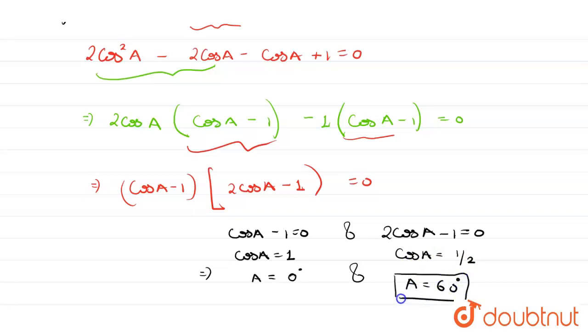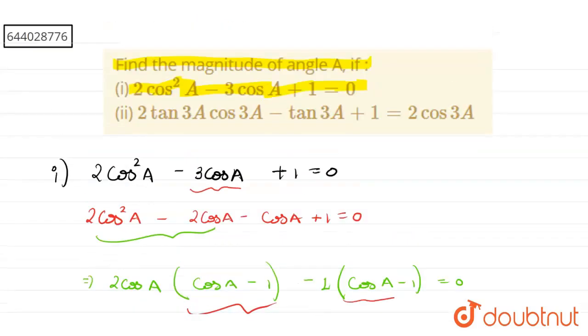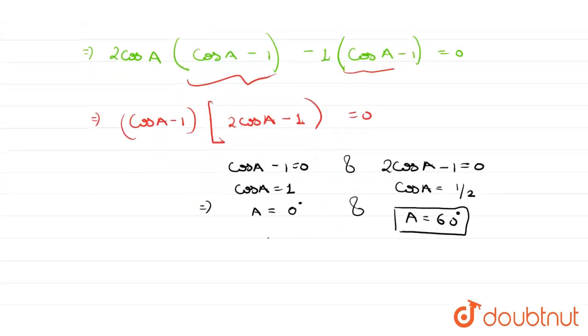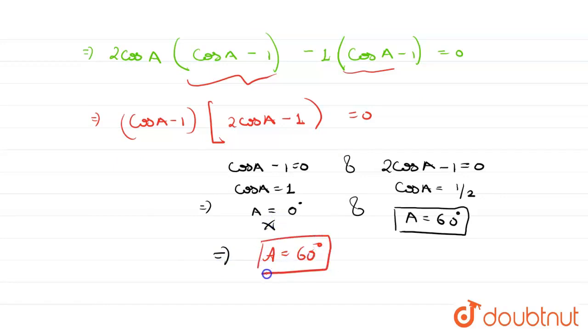So now if we get into the answer, we are given the magnitude of angle A. So magnitude can't be 0, right? The actual answer will be not 0. It will be A is equals to 60 degree for the first part. This is the answer of first part. A is equals to 60 degree.